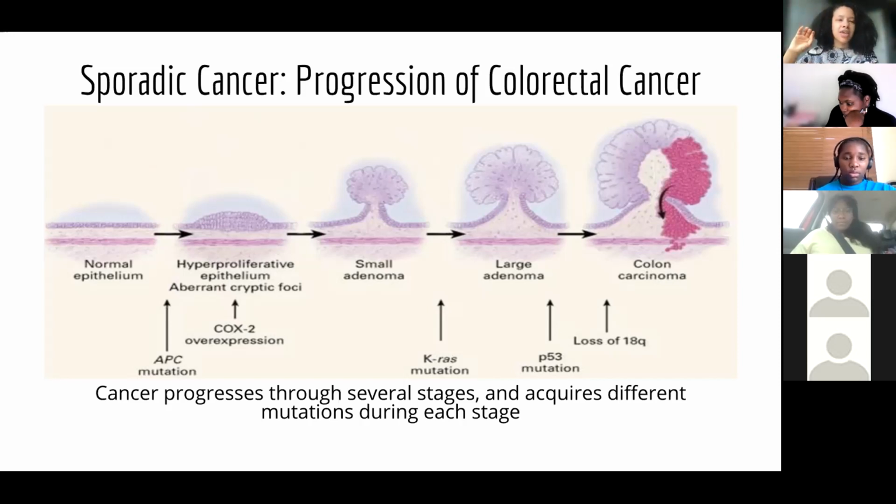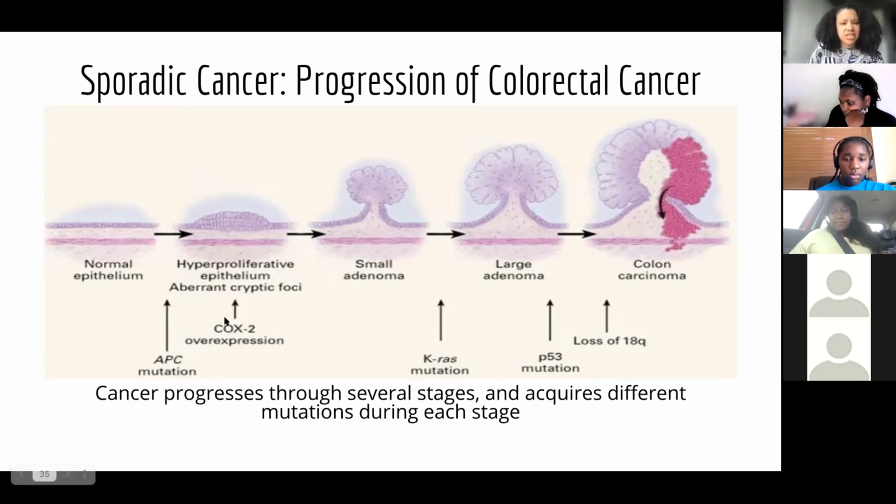And this model of how we understand cancer was created in understanding colorectal cancer back in the early 80s, I believe. It might have been the late 70s, sometime around there. So we've known for almost 40 years that cancer does this particular thing.